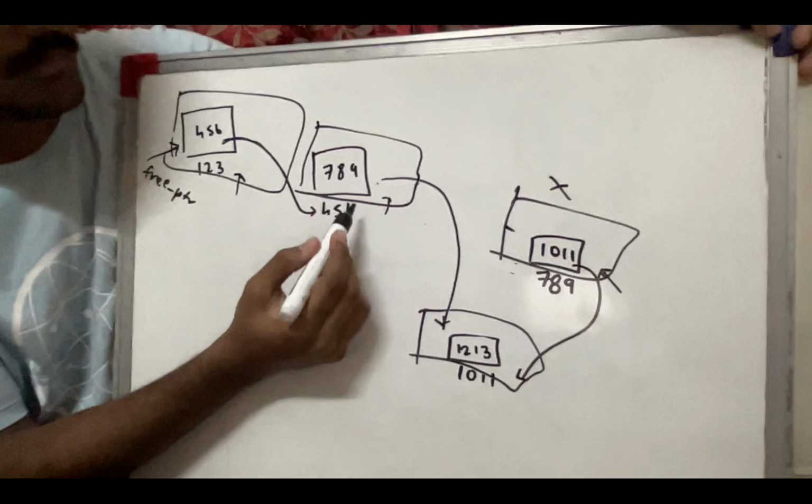Void split block is equal to void pointer to. Okay, so if it's greater, then we have block space equal to actual block size, which we get from the free block. Actual block size, and then just give me a minute.